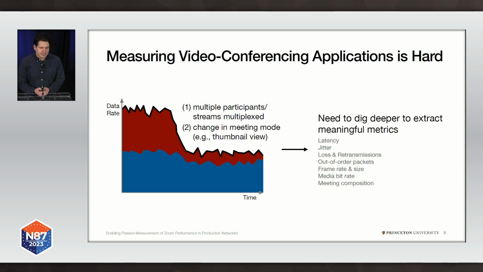So the point is that we need to dig deeper to extract more meaningful metrics, like, for example, latency, jitter, loss and retransmissions, out-of-order packets, frame rate, frame sizes, media bit rate, and then most importantly, evaluate those metrics in conjunction with the overall meeting composition, meaning the number of participants currently in the meeting, when somebody is leaving or joining, and what types of media they're sharing, in order to make more meaningful inferences and say whether the network is potentially a problem in a particular call.